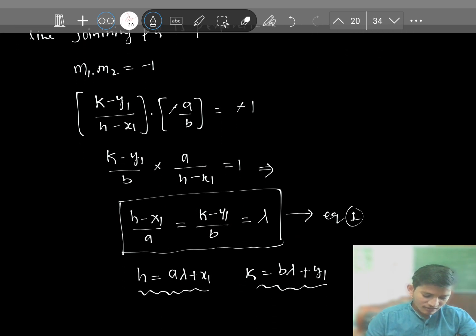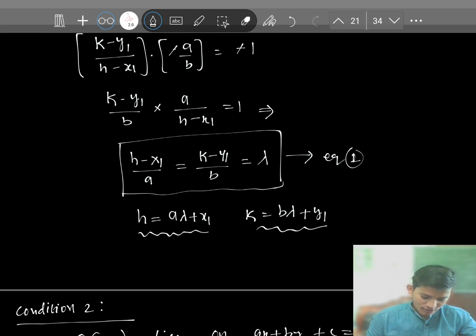So I'm writing the condition of perpendicularity, that is k minus y1 divided by h minus x1, the same as we have written last time, into the slope of the straight line, which comes out to be minus a divided by b, and it equals minus 1. So k minus y1 into a divided by b into h minus x1 equals 1.